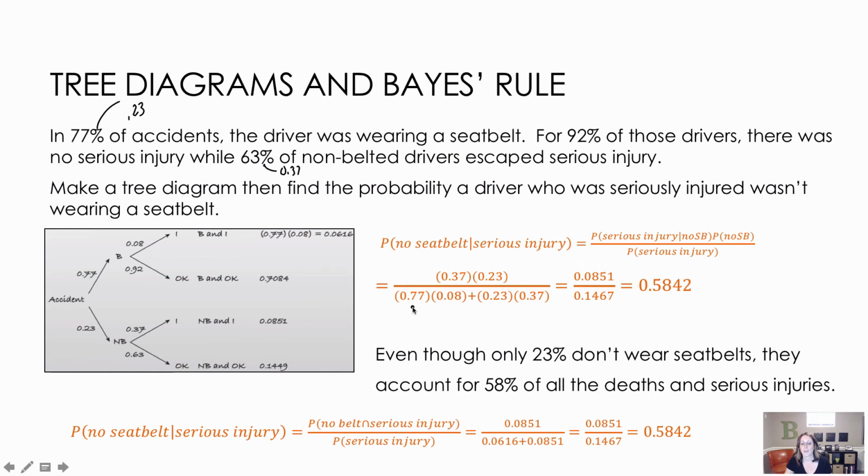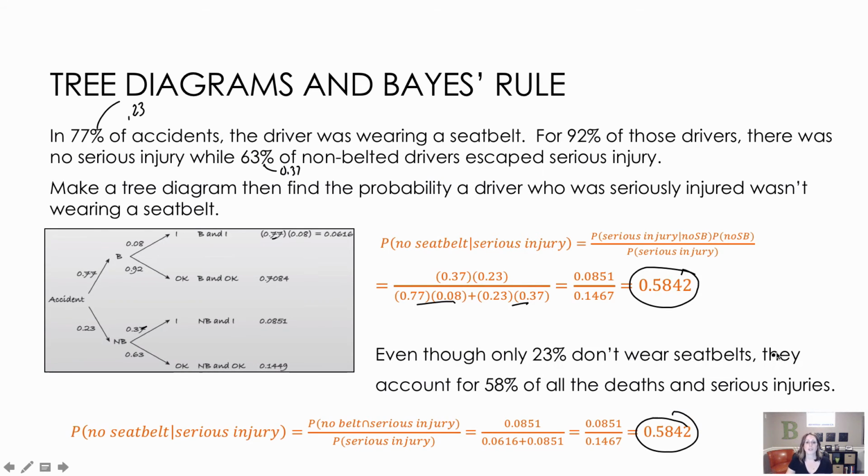And then on the bottom, I did the multiplication the same as before. So the 0.77, 0.08, 0.23, 0.37, that's where I got those values. That one, I didn't use the tree diagram, otherwise I would have just found that value right away. So this is the way to do it the long way. Either way, notice that I get 58.42%.